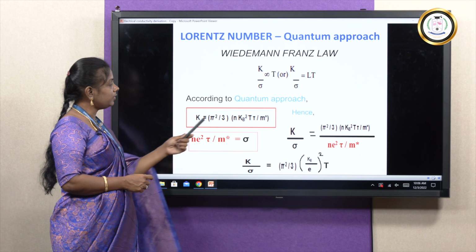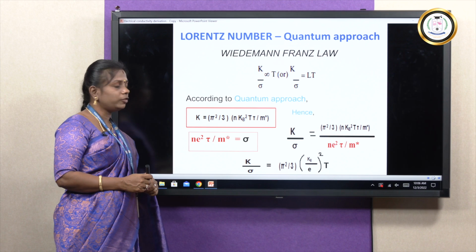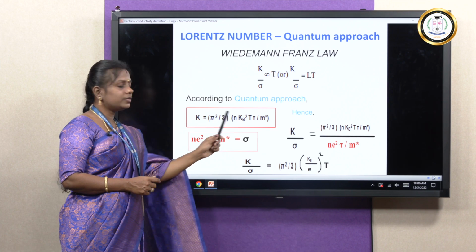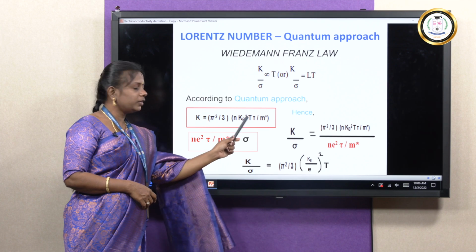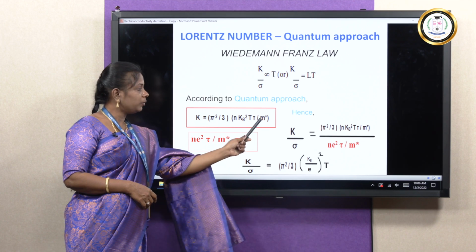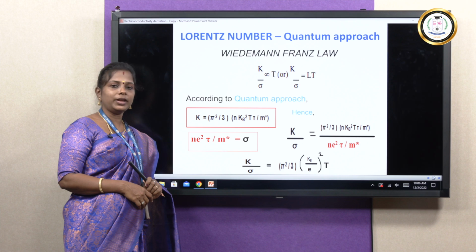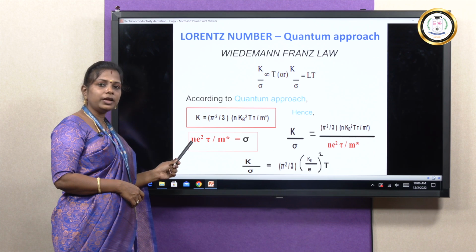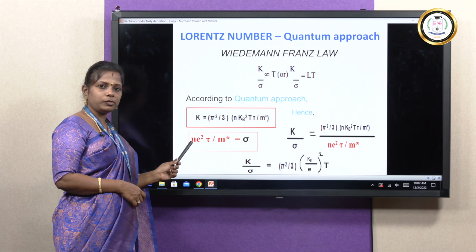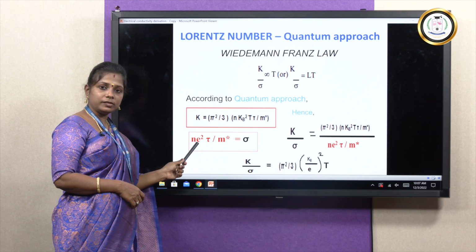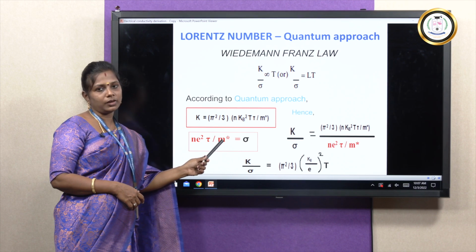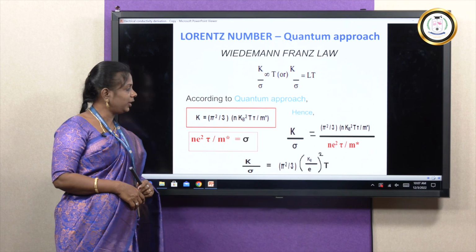Here the parameters: n is the number of free electrons per unit volume, kb is the Boltzmann constant, T is the temperature, tau is the relaxation time, and m star is the effective mass of an electron. In the expression of electrical conductivity, n is the number of free electrons per unit volume, E is the charge of an electron, tau is the relaxation time, and m star is the effective mass of an electron.